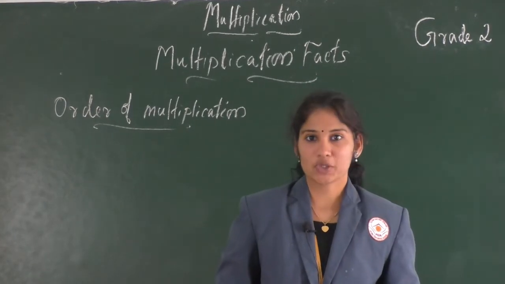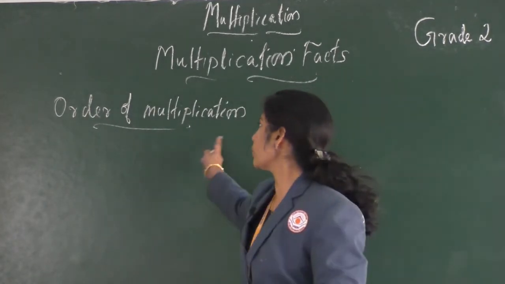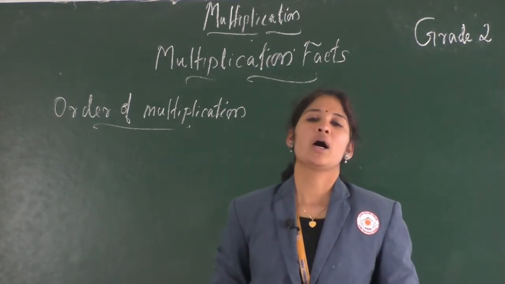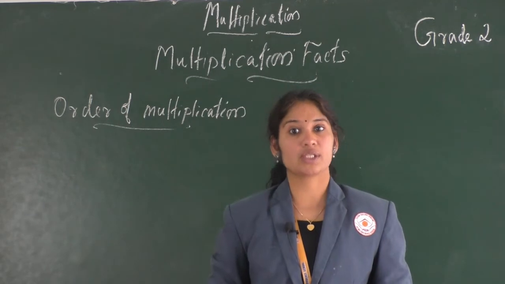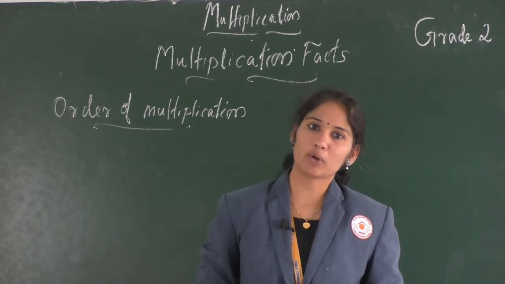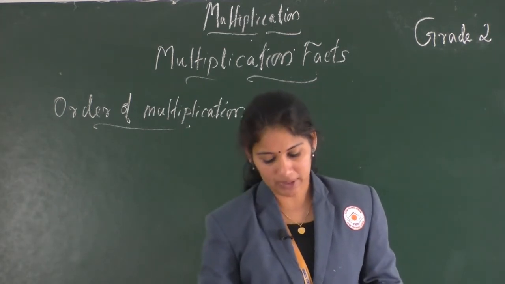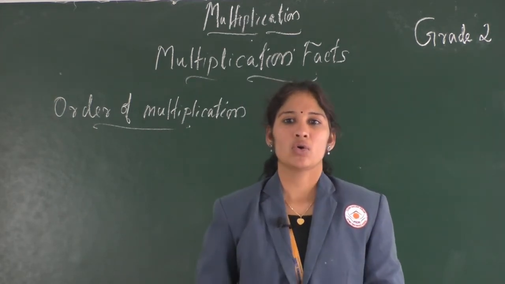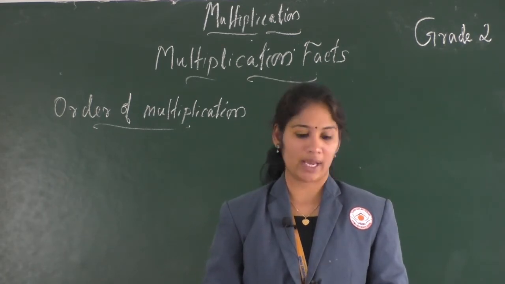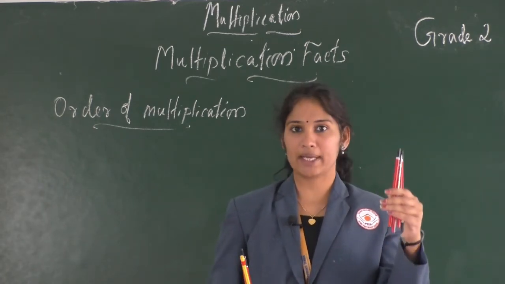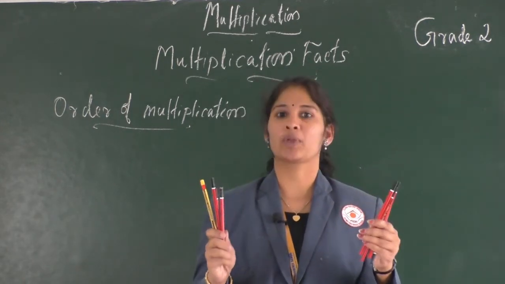Children, our next topic is multiplication facts. The first fact is order of multiplication. While multiplying two numbers, even if we change the order of the numbers, the product will always be the same. For example, I have 4 pencils in my left hand and 4 pencils in my right hand.